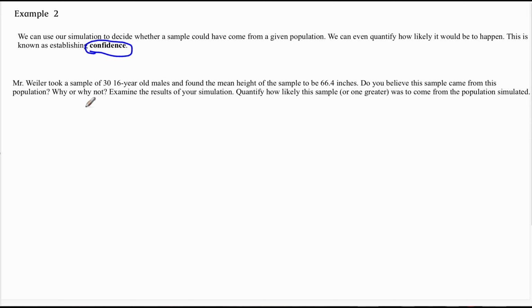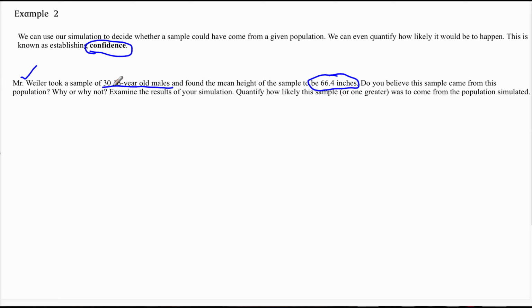So let's go back to these 16-year-old boys. We took a sample of 30 16-year-old males and found the mean height to be 66.4 inches. So now we are looking at a sample. This guy, Kirk Weiler, is who we've been doing his lessons with all year. He teaches in some school upstate New York. Let's call it Rochester. I don't know where the guy teaches.